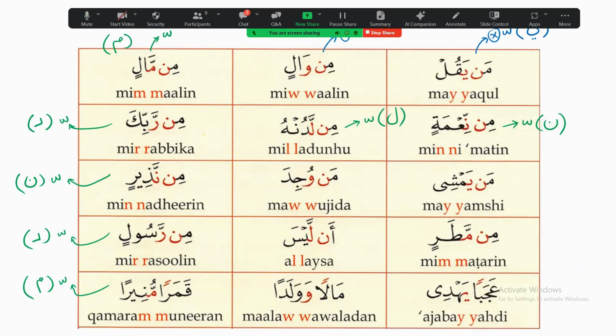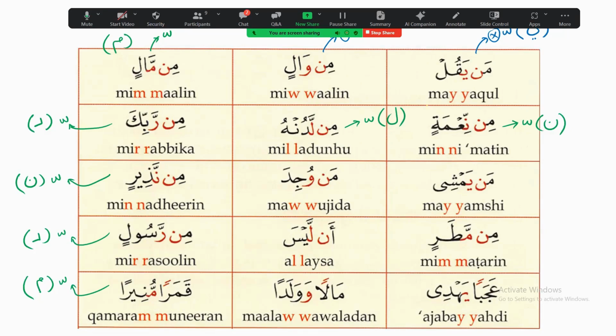So what you will do is that you will look for the noon sakin and tanween first of all, because we are doing the rules of noon sakin and tanween. So the first step is to look for the noon sakin and tanween. The second step is that you will look at the letter that comes after noon sakin or tanween.